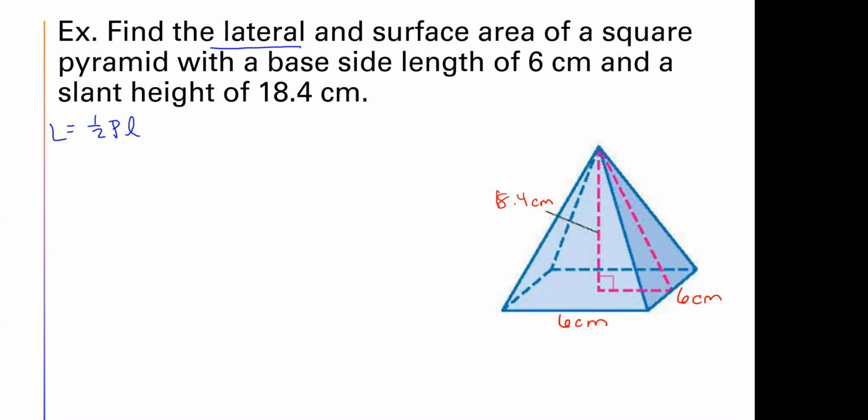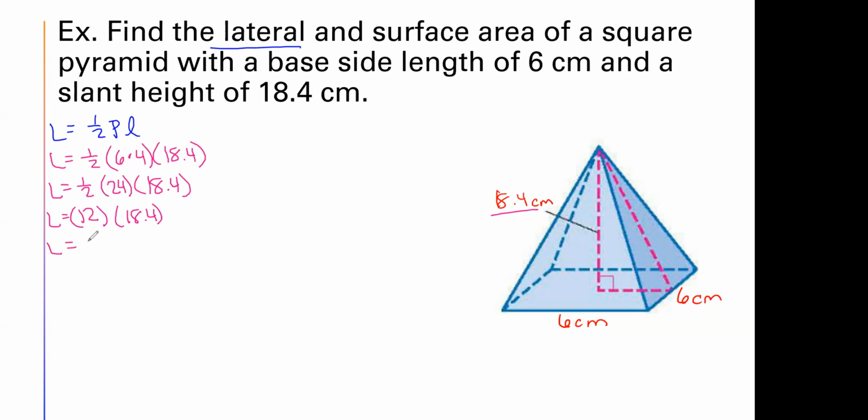The perimeter is 6 plus 6 plus 6 plus 6 because it's a square, so that's 6 times 4, which is 24. Half of 24 is 12, and then I multiply that by 18 4/10, and I end up getting 220 8/10 centimeters squared.